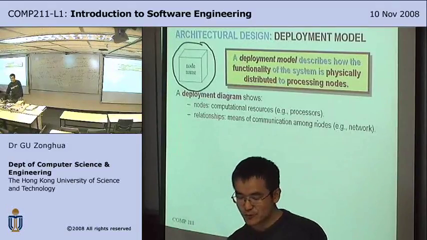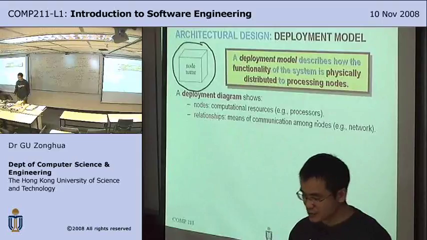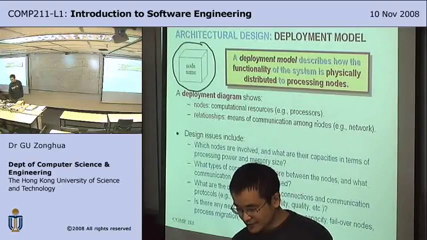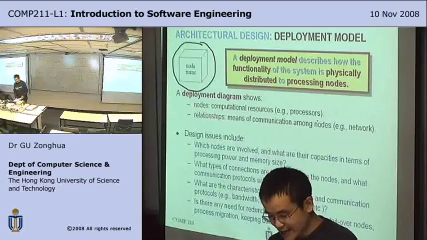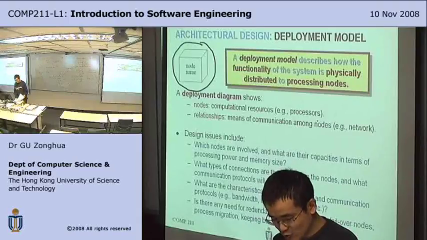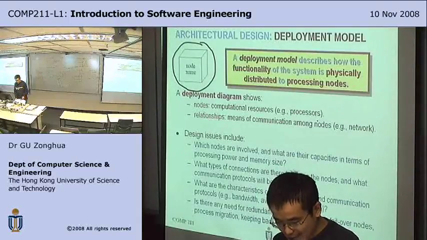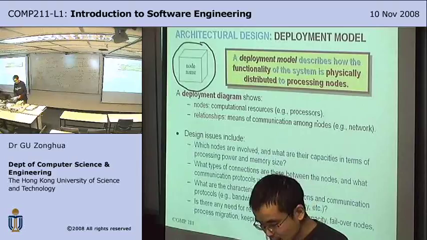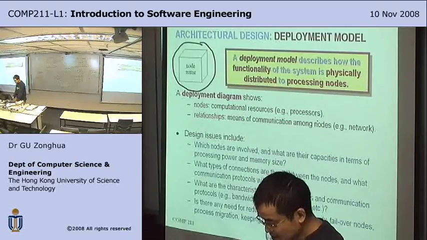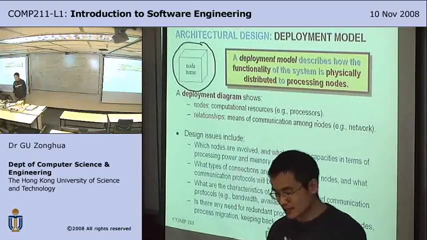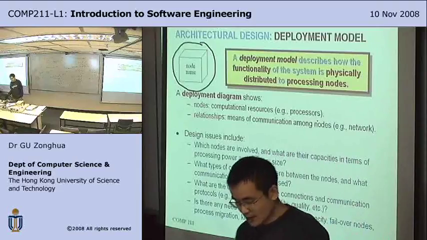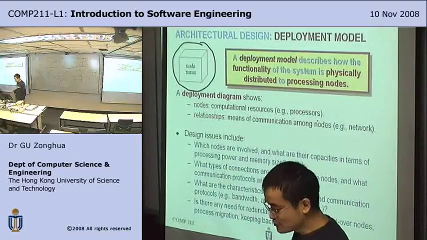relationships, that is, means of communication among the nodes like a network. Design issues include which nodes are involved and what their capacities are in terms of processing power and memory size. So is it a laptop, is it a PDA, or is it a server, perhaps a supercomputer?